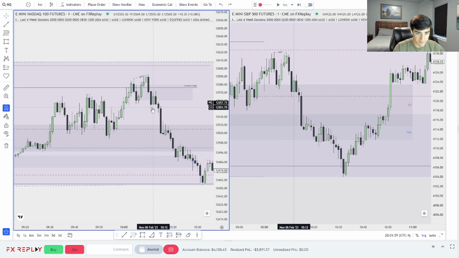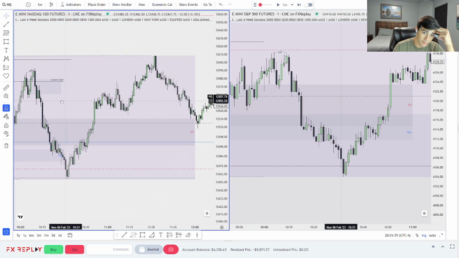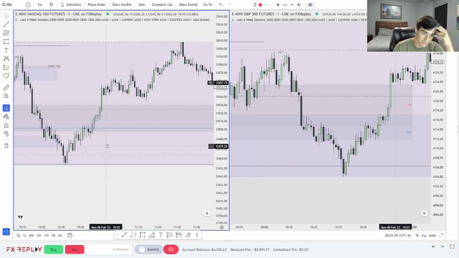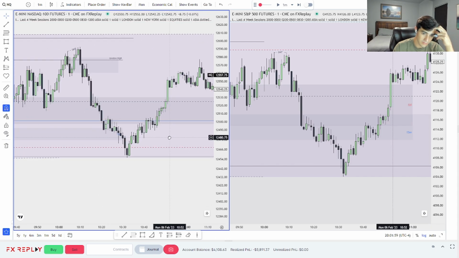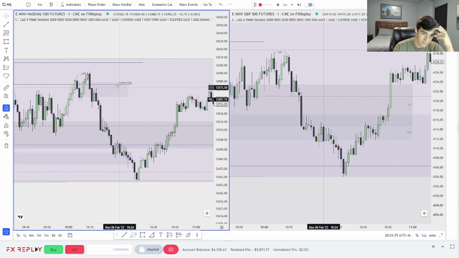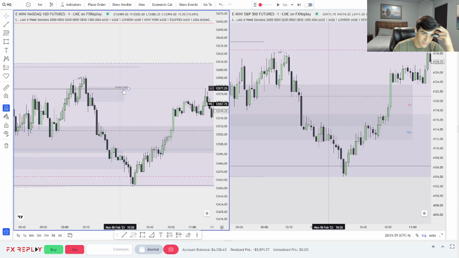So this imbalance is disrespected, right? We just close through it. And then here's my breaker block. And that's a scalp. And there you go. And here we don't form my entry model, so I'm not interested in it.